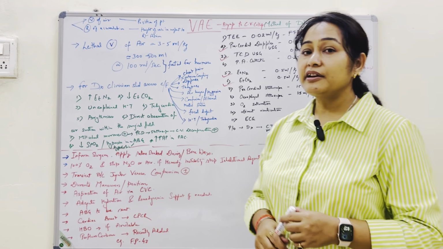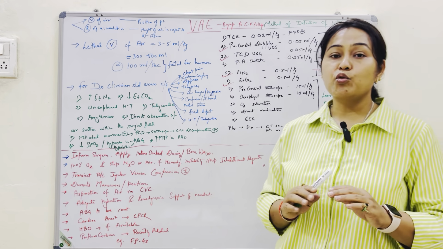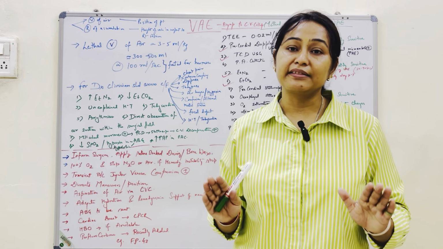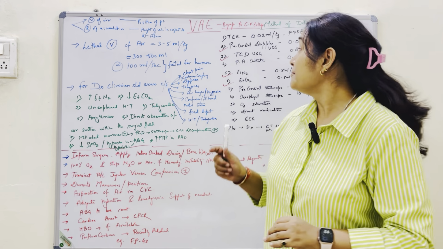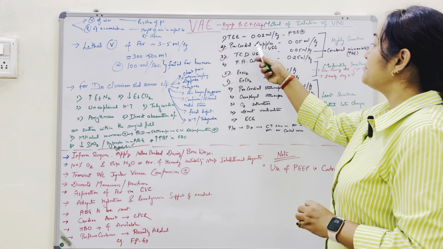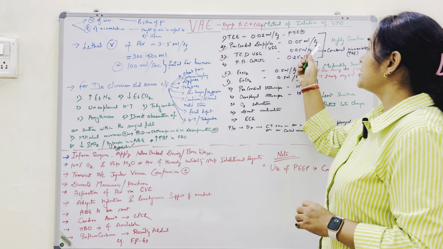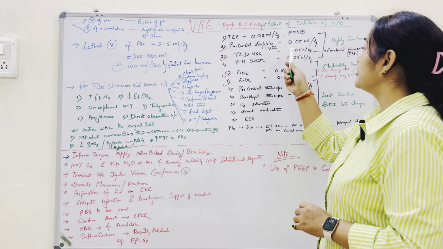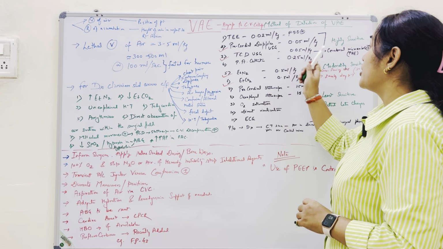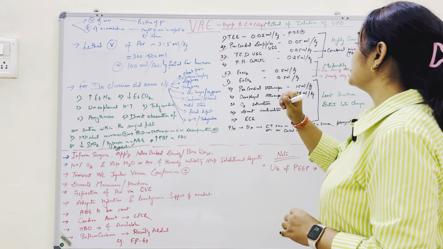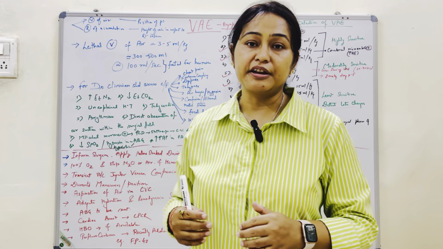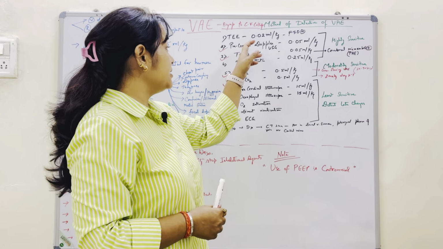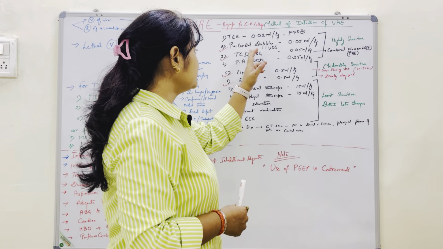Then precordial Doppler and transcranial Doppler are both non-invasive methods of detection of venous air embolism. Precordial Doppler can detect 0.05 ml per kg of air, and transcranial Doppler ultrasound can also detect 0.05 ml per kg of air.